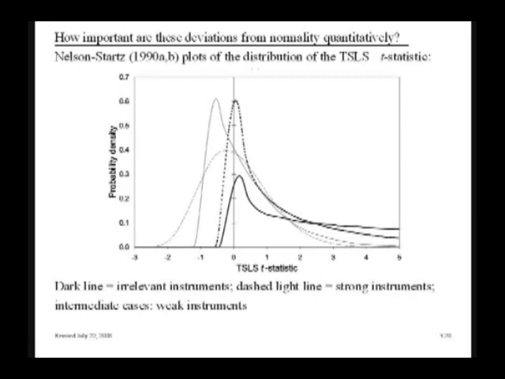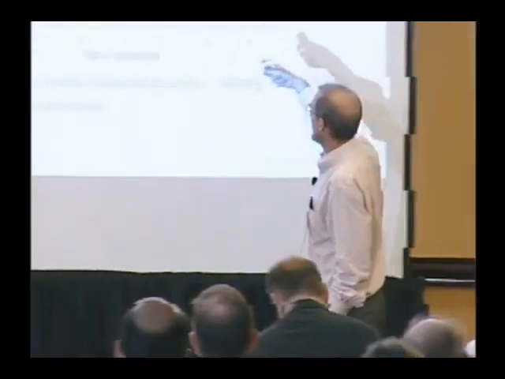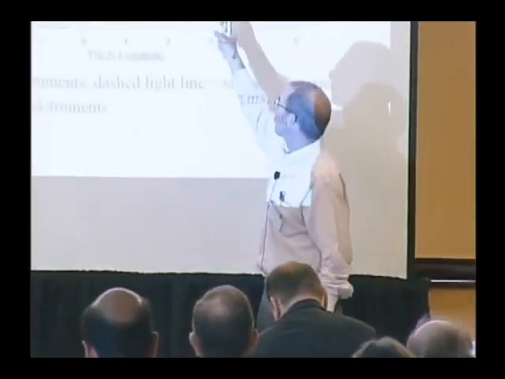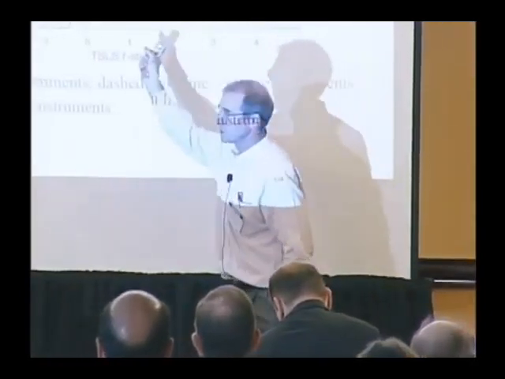This dark line is when it's irrelevant instruments, and as the concentration parameter increases, the distribution of the t-statistic gets more and more peaked until eventually it starts to look like a normal distribution. And there really is a continuum here. These calculations were done for a single sample size, and the only thing that's changing is the concentration parameter.